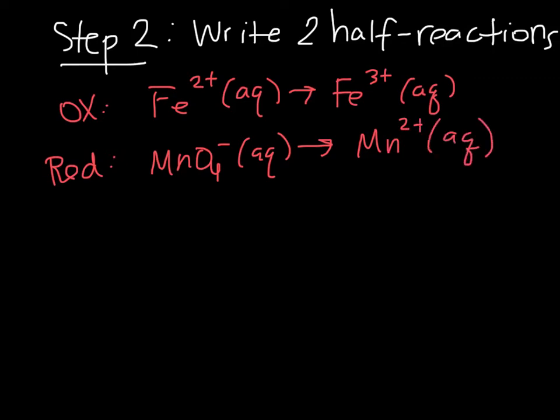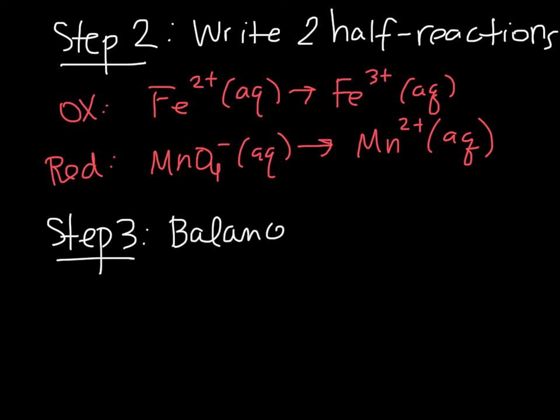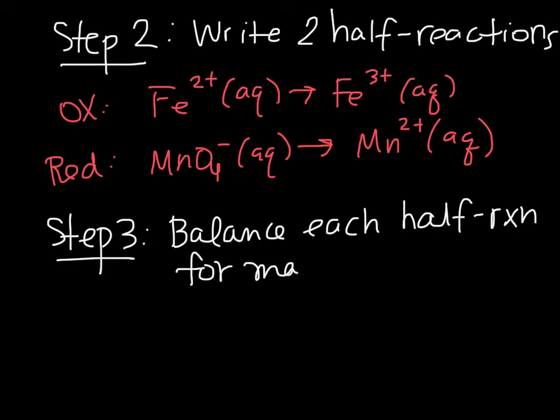Now the next step is that we need to balance this reaction in terms of mass of the different species. And we're going to do that to each half reaction separately. We're going to do this in a three-step process. The first is that we're going to balance all elements other than hydrogen and oxygen.